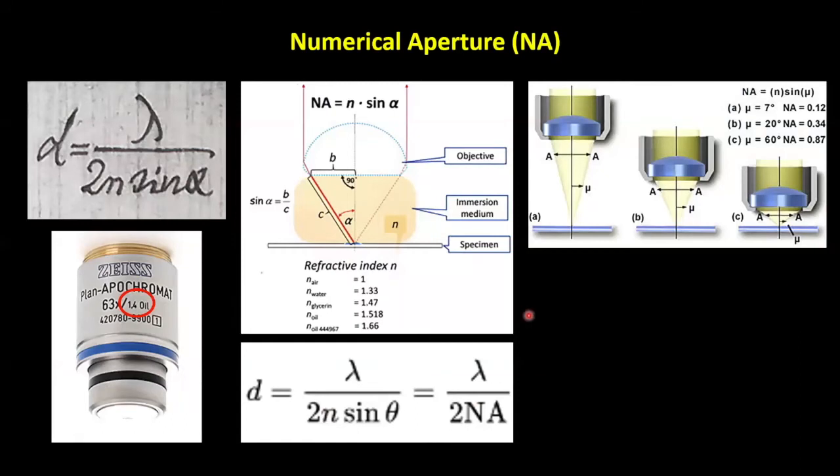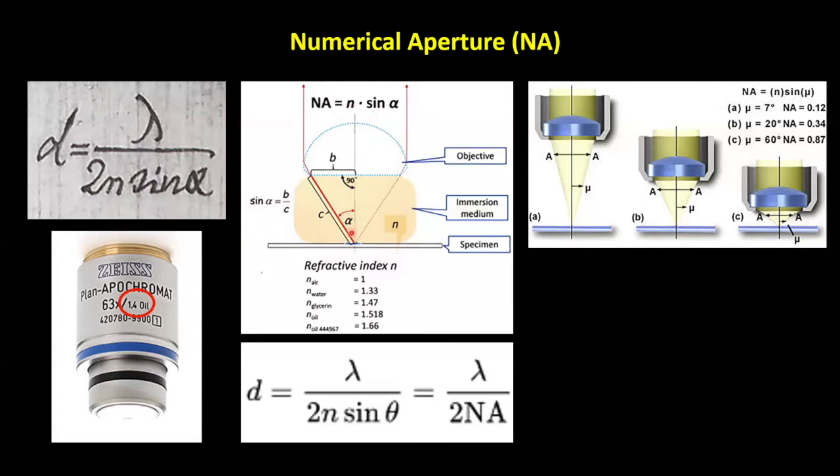So this formula defines any optical instrument's resolution. You can see from the middle one here, there's a property for any optical device called the numerical aperture. In this case, for the objective here, the numerical aperture equals the refractive index times the sine of the half angle of the focused light cone.